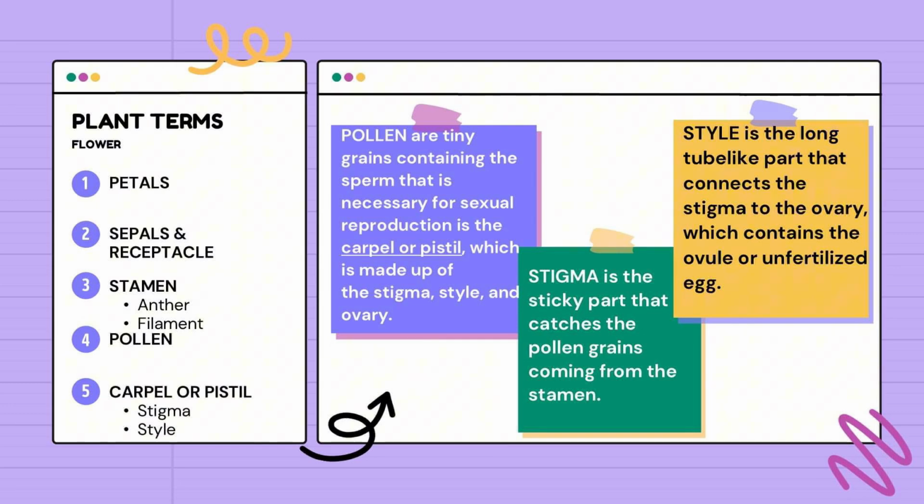Pero, once na si pistil at si stamen ay nasa magkaibang halaman, ang ibig sabihin nun, ang pollination na nangyayari sa kanila ay tinatawag natin na cross-pollination. Okay? Cross-pollination.